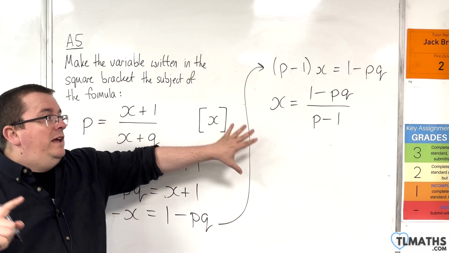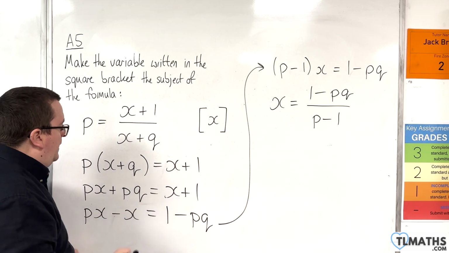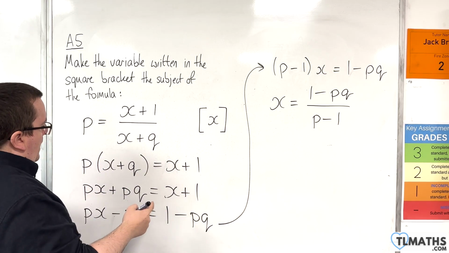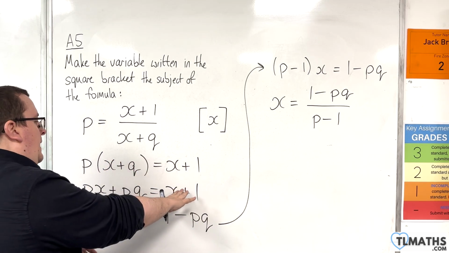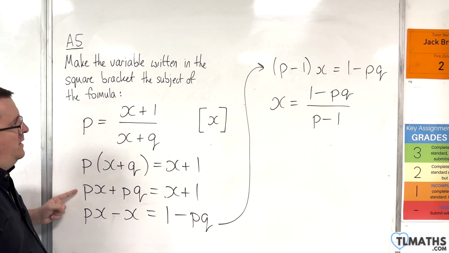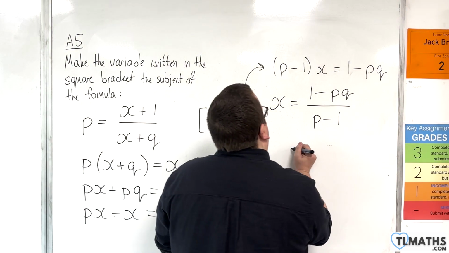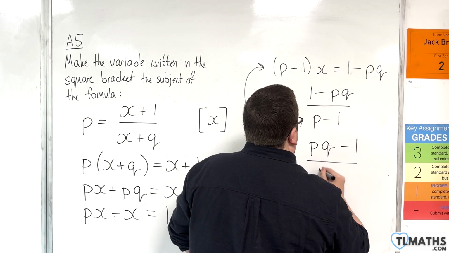Now, that's me done, okay? But just so you know, if you had instead subtracted px from both sides and subtracted 1 from both sides at this stage to get all the x's on one side, you would have ended up with pq minus 1 over 1 minus p.